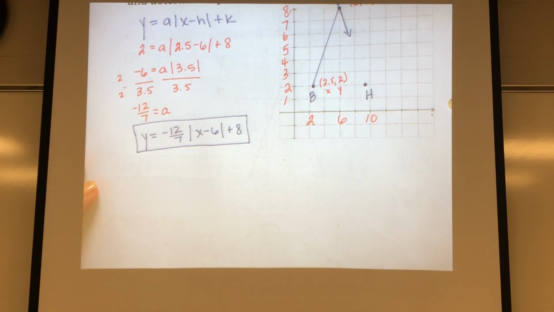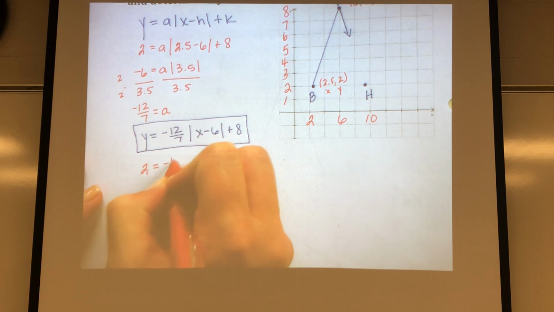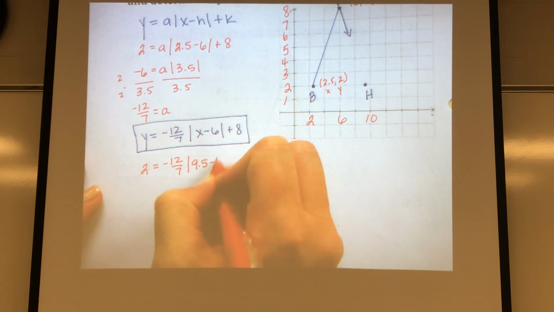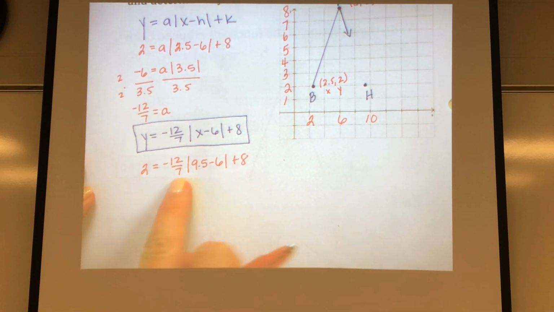So our coordinates of the hole were 9.5, 2. So we're going to put 2 in for y and 9.5 in for x. So what I want you to do is simplify this right side and see what you get. So hit pause, simplify, and we'll find out what happens.